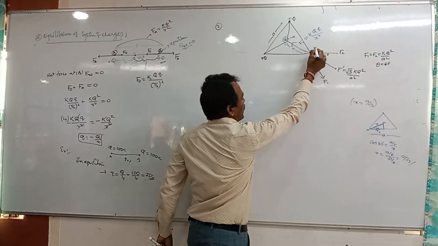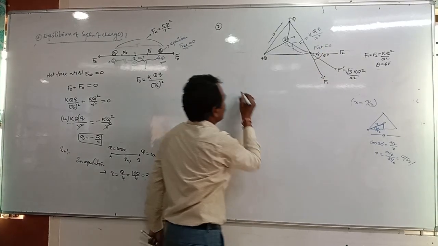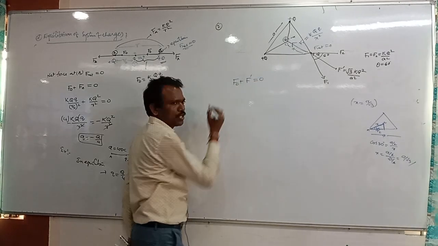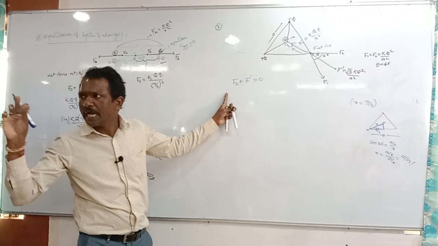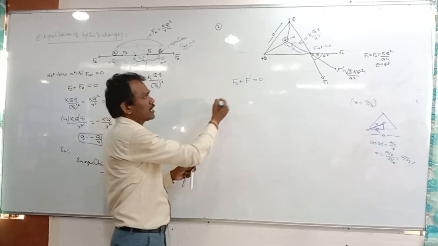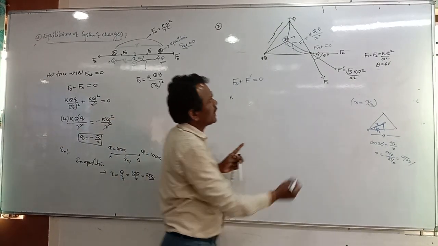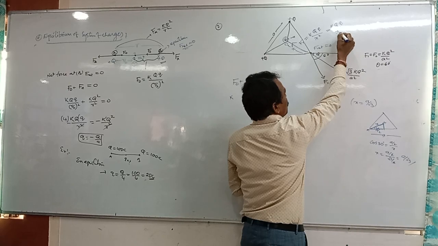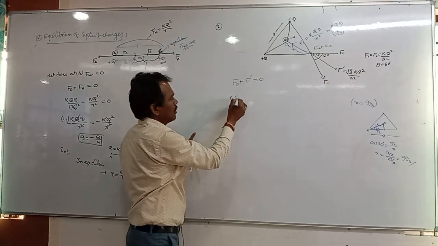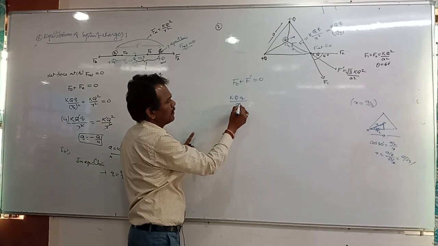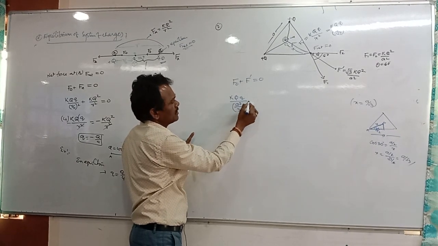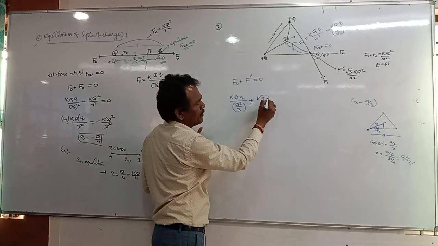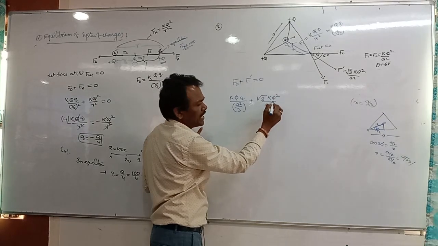Then you find out here. Sum of the forces, F net, should be 0. So F naught plus F dash is equal to 0. Correct? Total force at plus Q should be 0. F naught, how much? K into, you can write here, K Q small q divided by A by root 3 whole square, that is K Q small q divided by A square by 3, plus root 3 K Q square by A square.